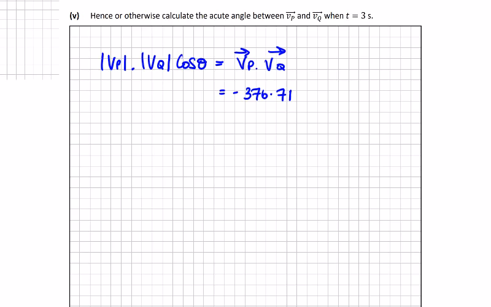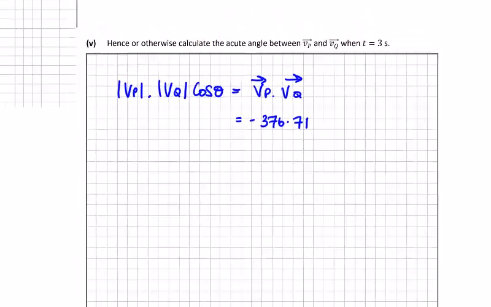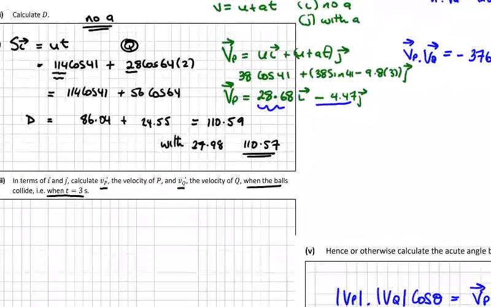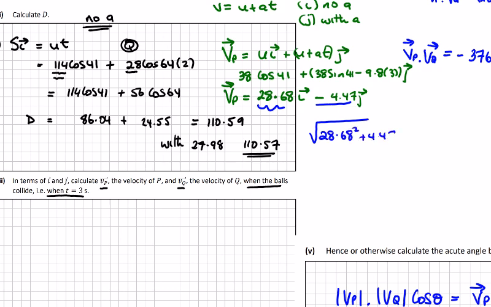Now, magnitude of p is the square root of 28.68 squared plus 4.47 squared, which gives 29.03.